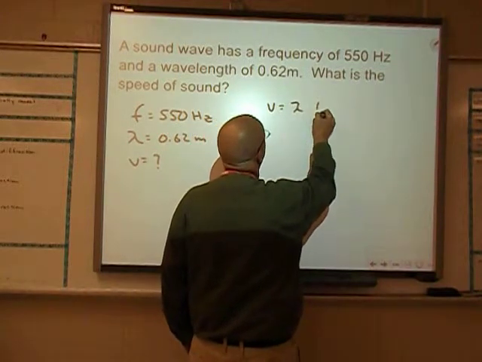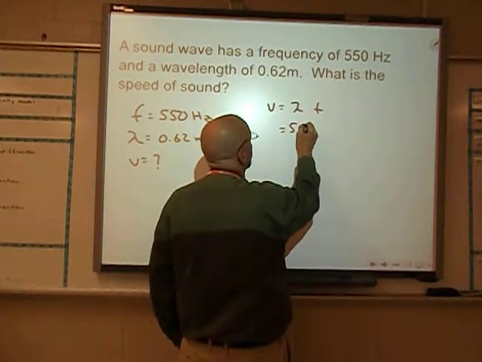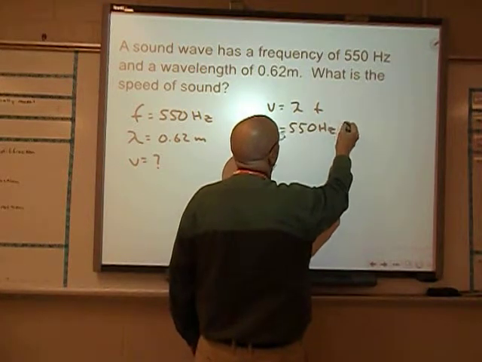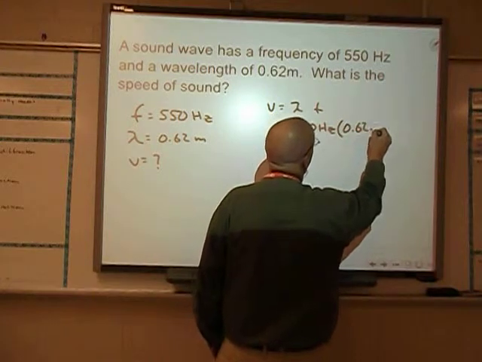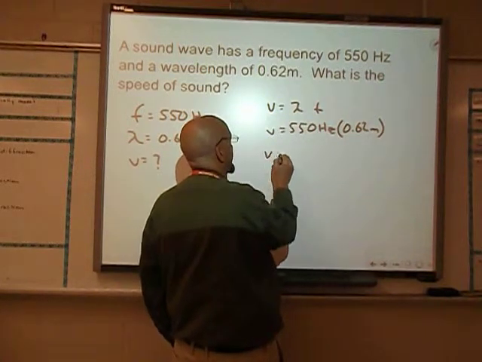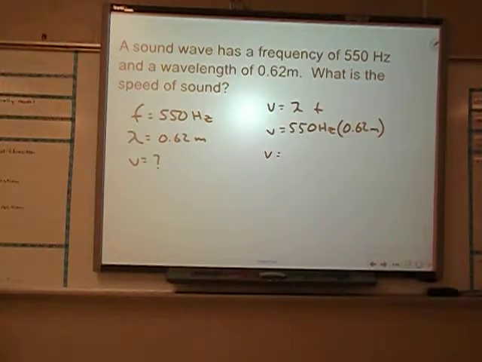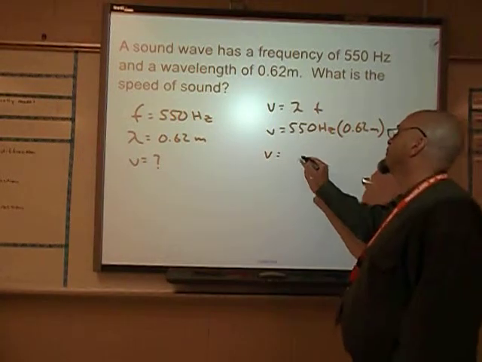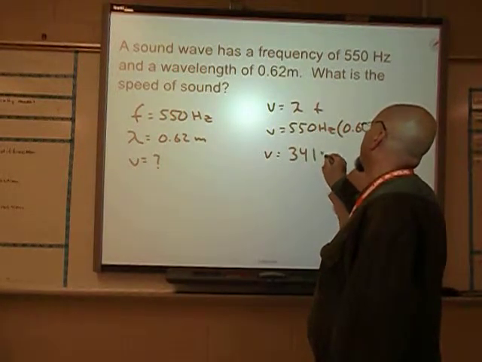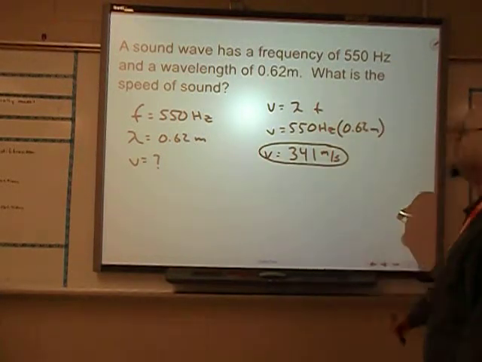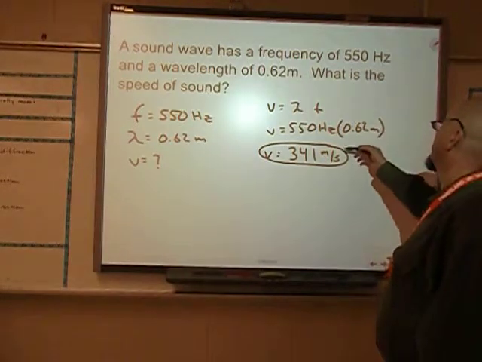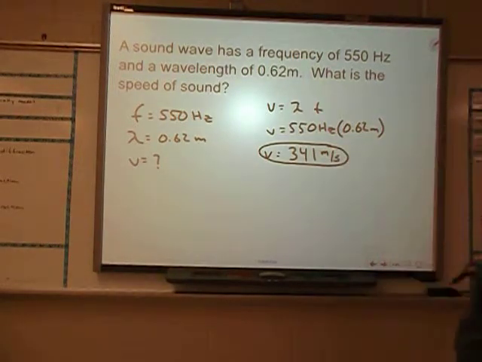Velocity is wavelength times frequency, 550 hertz times 0.62. I wrote this backwards, but it doesn't matter because we're multiplying. 550 times 0.62 is 341 meters per second, because the distance unit comes from my wavelength, and hertz brings seconds into the mix.